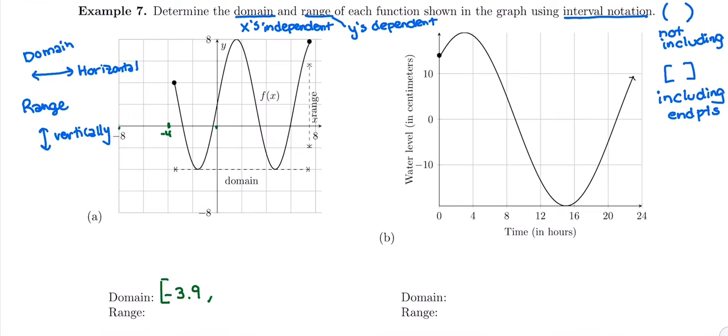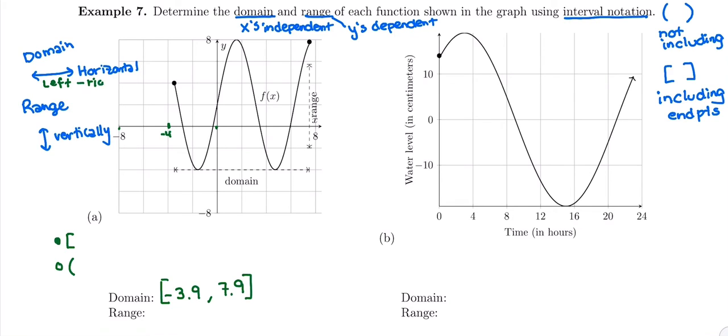If it was an open circle, we would not include it. So closed circle is going to give us the included. Open circle at an endpoint would be a round parentheses. So our domain is -3.9, and then all the way up to this x value is close to being 8, but not quite there. So this closed circle, maybe we could call that 7.9 included. So domain, you're looking left to right, horizontally.